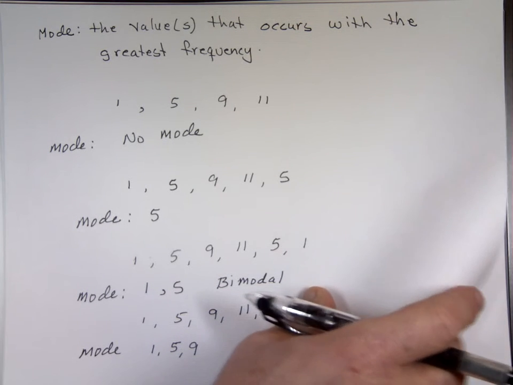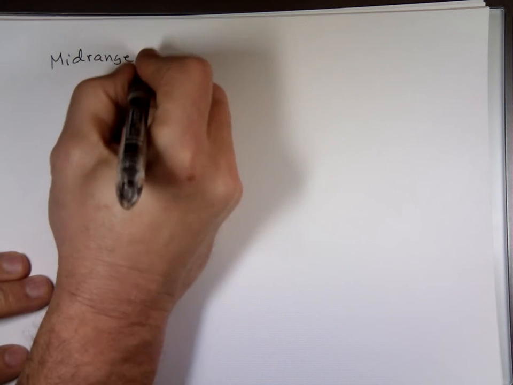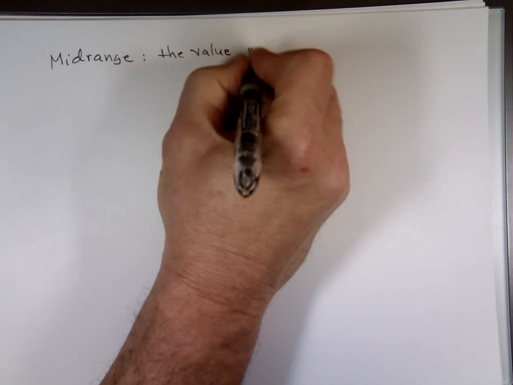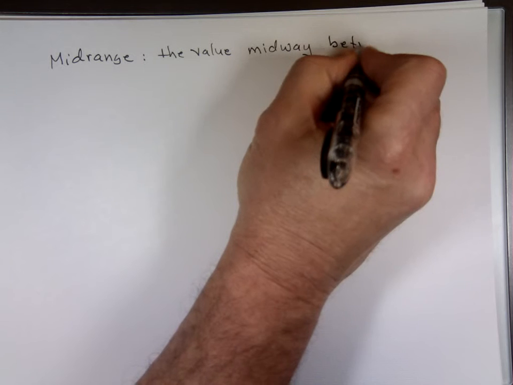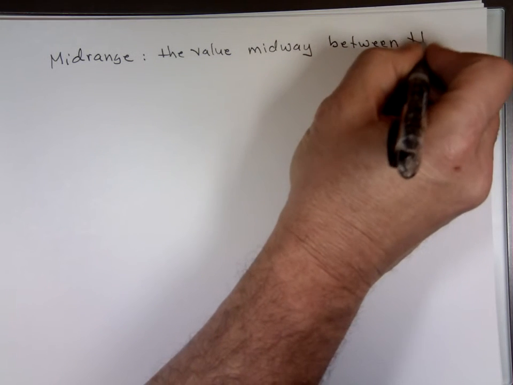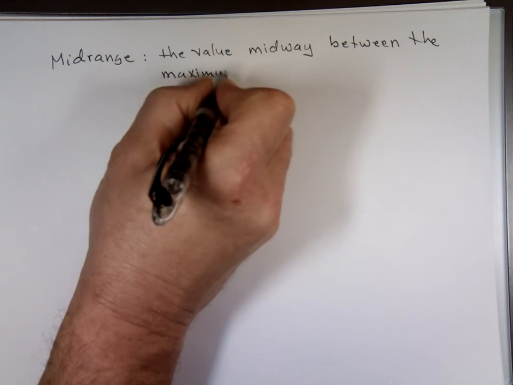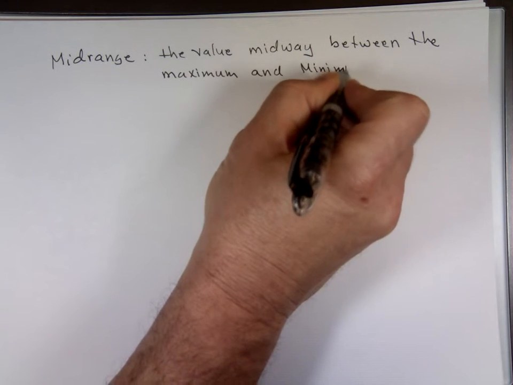Another term you might hear is called midrange. Midrange is defined as the value midway between the maximum and minimum values.